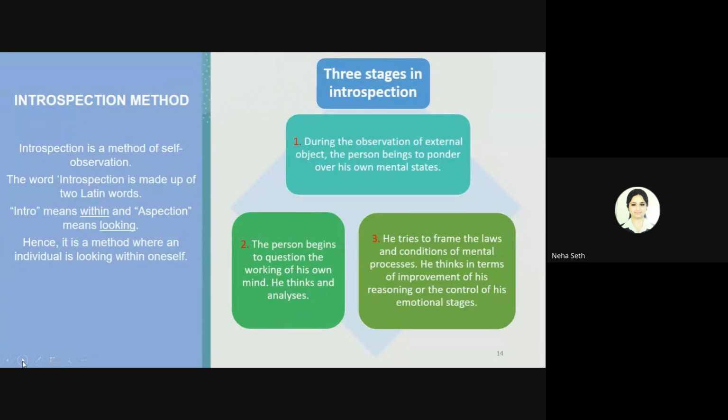And then the person begins to question the working of his own mind, how I think, how I analyze things. Okay, then he may try to frame the laws and conditions of mental process, and he thinks in terms of improving his reasoning or control of his emotional state. And then when I gain this understanding, I may start working on how I can change my emotional state or my mental state according to the situation.